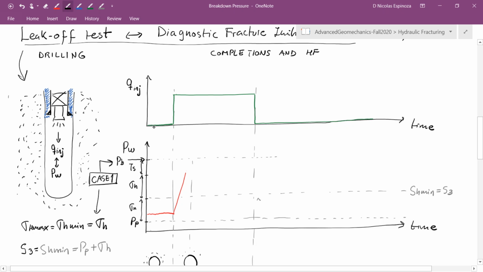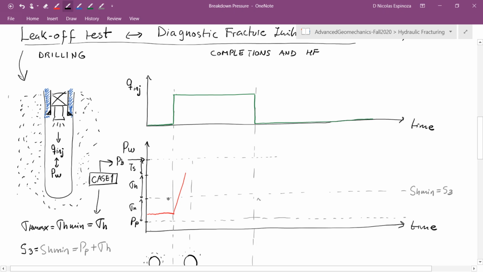So if we conduct a constant injection rate test like this one, sometimes we stop. When we don't inject anything, the pressure is going to be just the original pressure, let's say a little bit higher than the pore pressure of this formation. But as soon as we start injecting, the pressure is going to increase. The question here is, how far is this pressure going to increase in the wellbore?